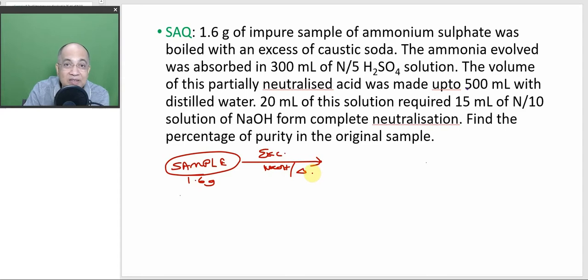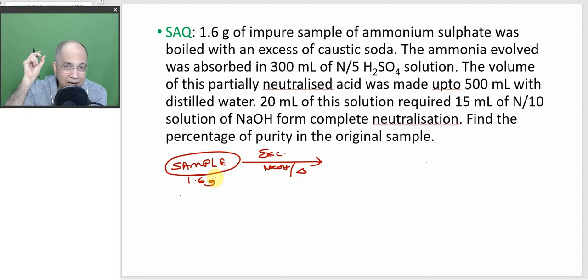Know the amount of excess NaOH and the amount of NaOH you have taken initially. Then know the amount of NaOH consumed by ammonia or ammonium salt, and that is the equivalence of ammonia.